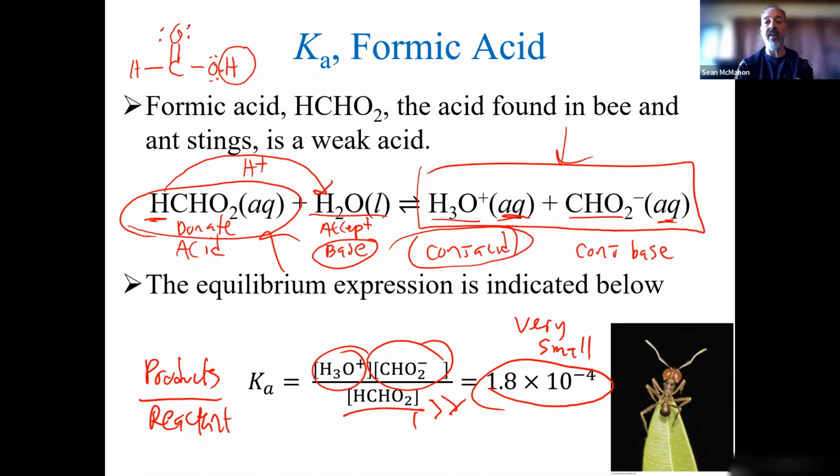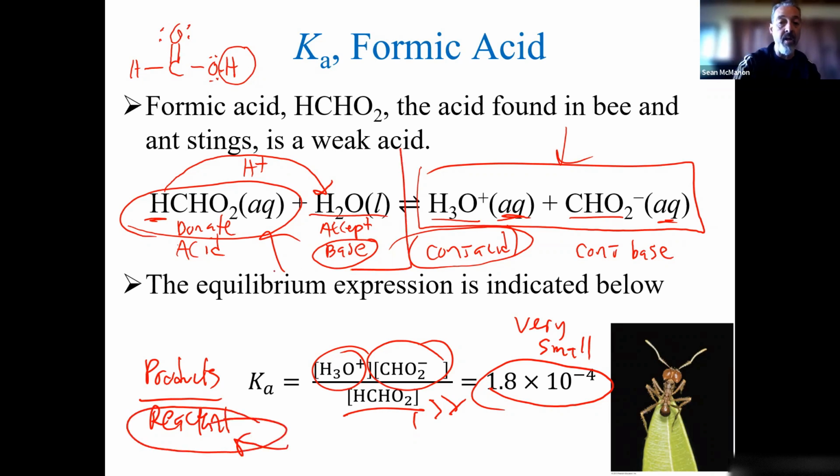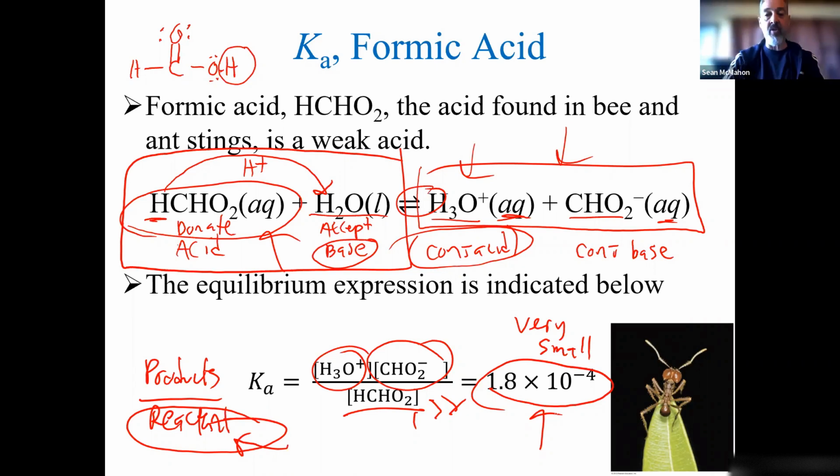Why? Because the denominator is larger. There's more formic acid than there is formate and hydronium ion. Why? It only partially dissociates. So I know this is a weak acid because there's not a lot of hydronium produced in this expression. That's what Ka tells me, products over reactants.